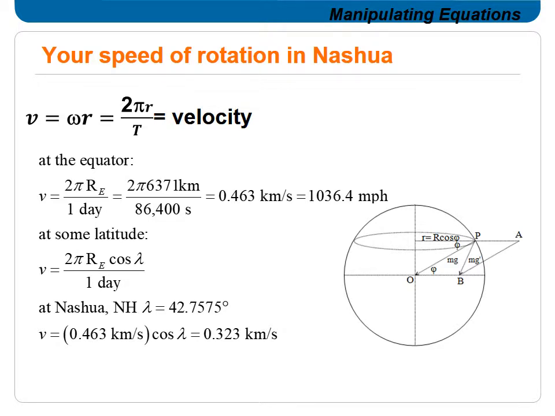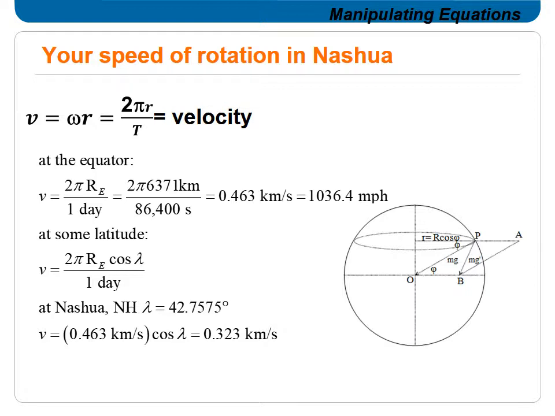So your velocity at the equator, if you plug in the numbers of 6371 kilometers for the equatorial radius of the Earth and 86,400 seconds for the length of a day, 24 hours, you come up with the fact that we're moving at 1,036.4 miles per hour.